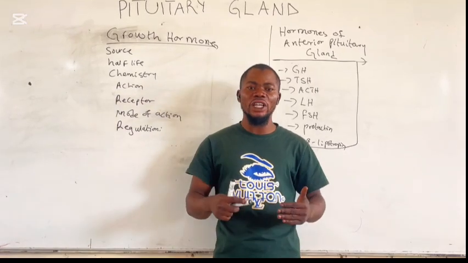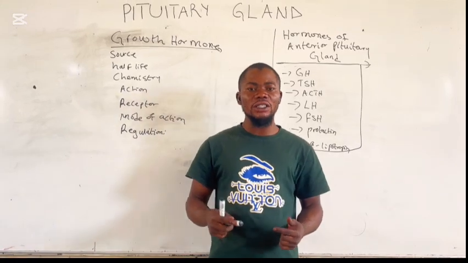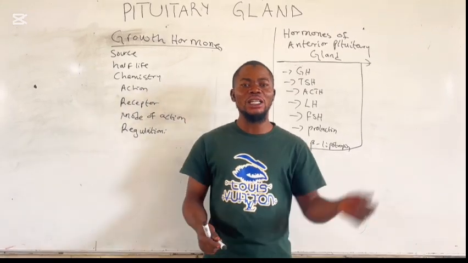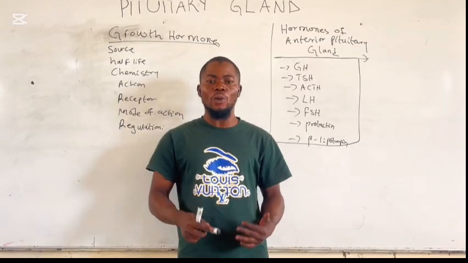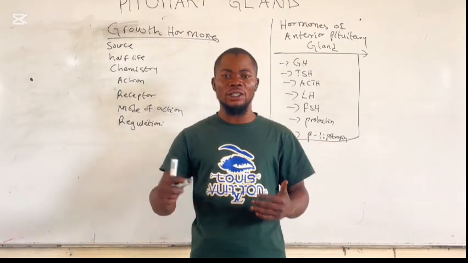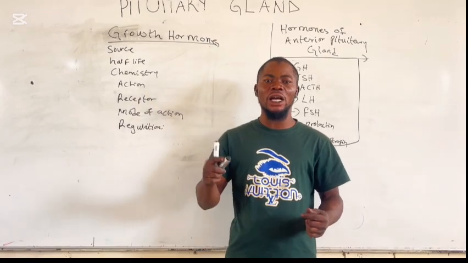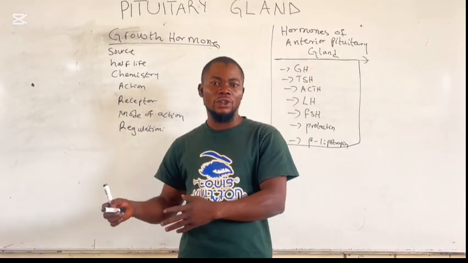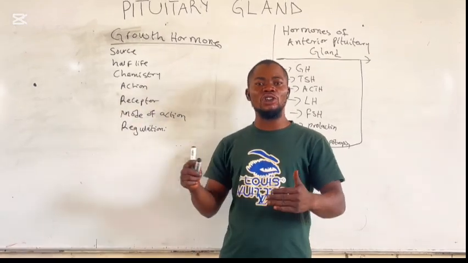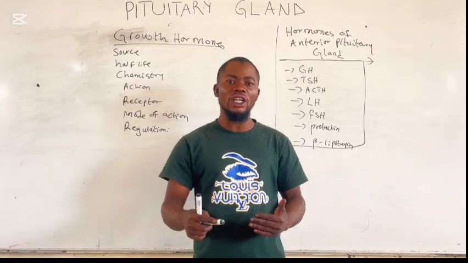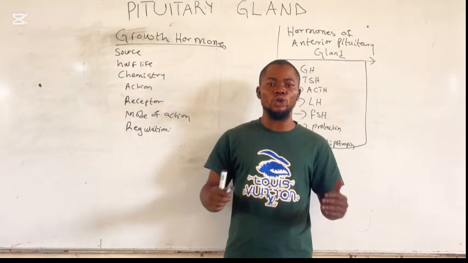Growth hormone releasing polypeptide also acts on the somatotropes to release growth hormone, as well as on the hypothalamus to release growth hormone releasing hormone. Growth hormone inhibitory hormone is called somatostatin, though it is also secreted by the delta cells of the islets of Langerhans of the pancreas. Once somatostatin reaches the anterior pituitary gland, it inhibits the release of growth hormone. That is hypothalamic regulation of growth hormone.